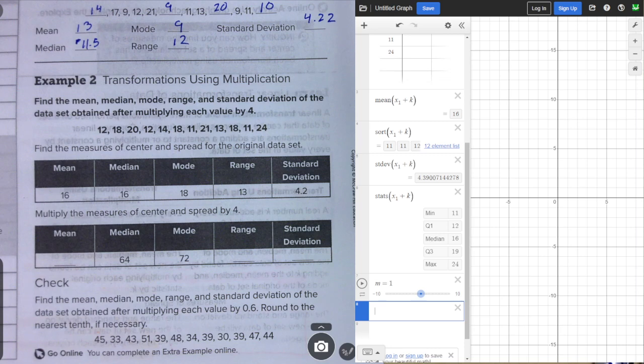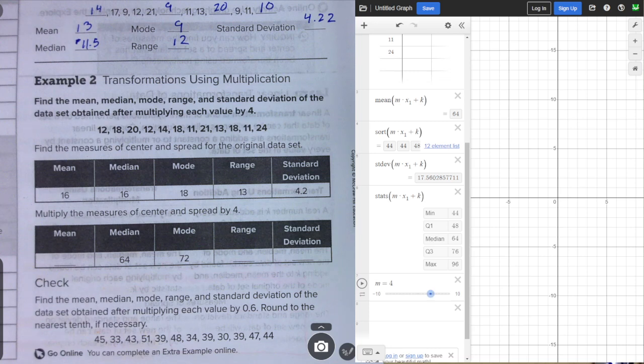And the reason why I'm making m equal 1 is when you multiply anything by 1, it doesn't change. So now what I'm going to do is in Desmos, I put an m and then a multiplication symbol before x1, our list. And the reason why we're doing this is this will now allow us to adjust our multipliers. All right, it says multiply by 4, so we're going to set this slider to 4.